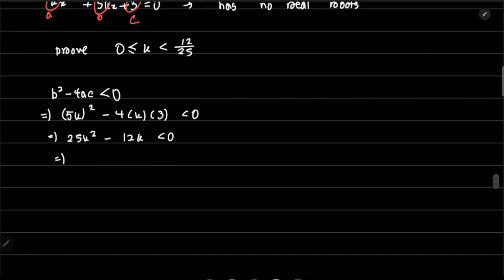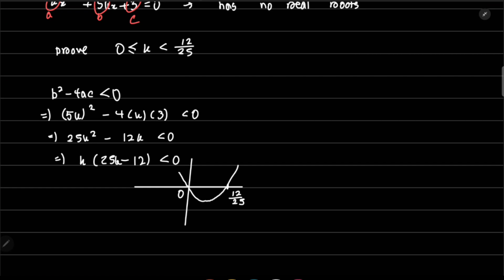From here, if I take k common, I get k(25k minus 12) less than 0. Now if I plot this, the critical value due to 25k minus 12 will be at 12 by 25. The other one will be at 0 due to k. So this is the curve.